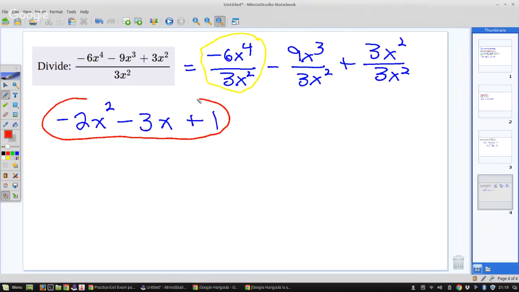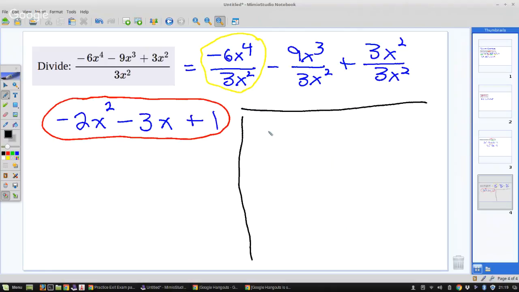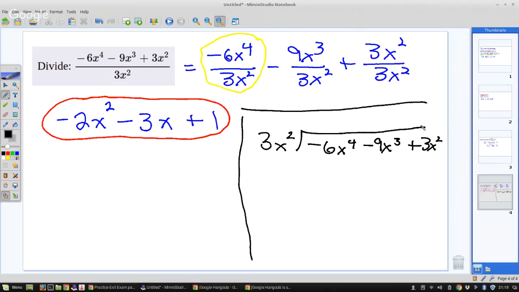I'm also going to look at this as long division, which we would have to do if this was a binomial or a trinomial. So this fraction version only works if it's a monomial. So if I tried a different version of this, I would use long division, and I would say 3x squared goes into negative 6x to the fourth minus 9x cubed plus 3x squared how many times?